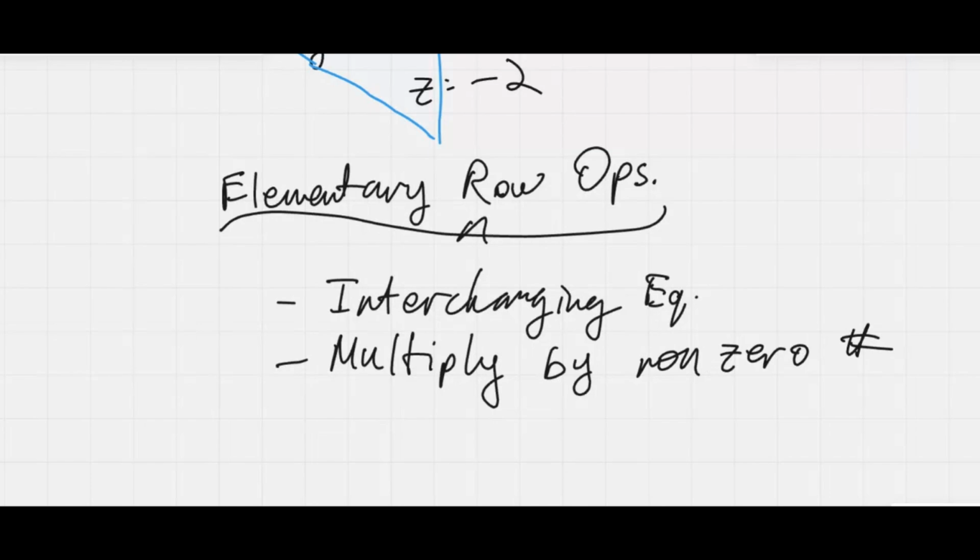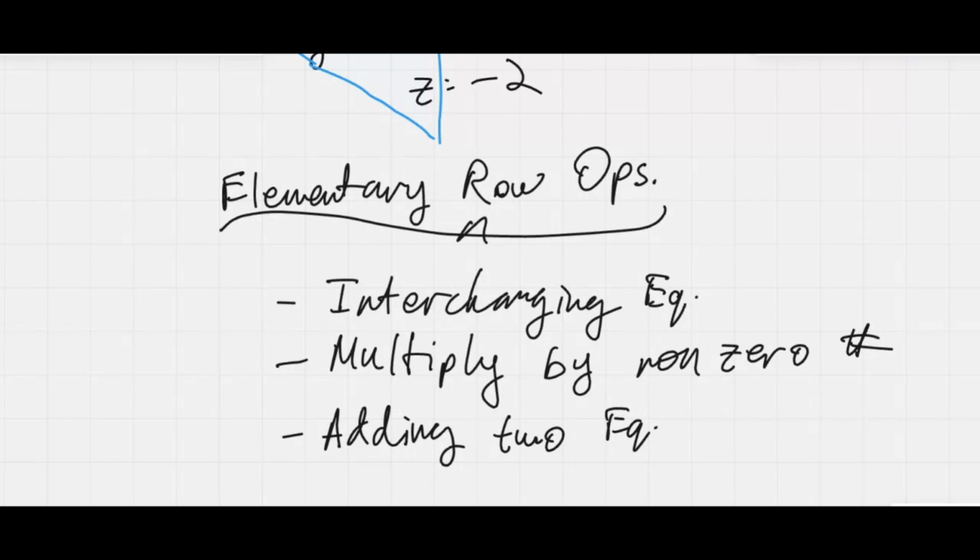And then also you can add a multiple of one equation to another equation, and that's the key thing here. Adding two equations. All right, so you can do a number of things: interchange equations, multiply by a non-zero number, or add two equations.